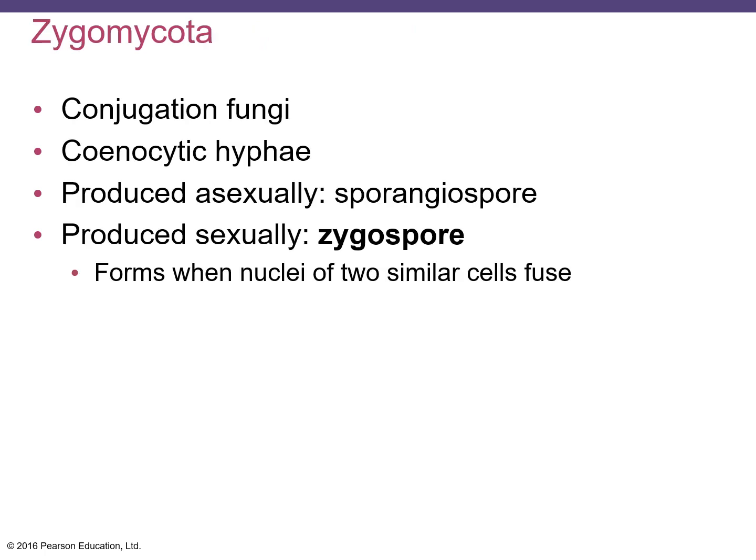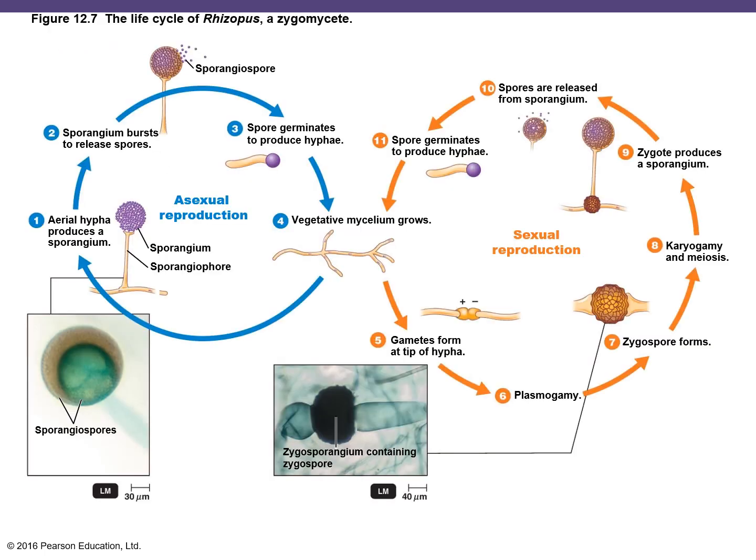Zygomycota, or conjugation fungi, are saprophytic molds that have coenocytic hyphae, as we mentioned earlier. They reproduce sexually, which means spores form when nuclei of two similar cells fuse.